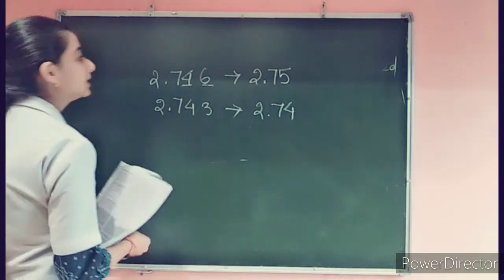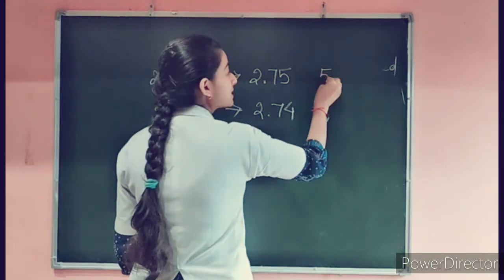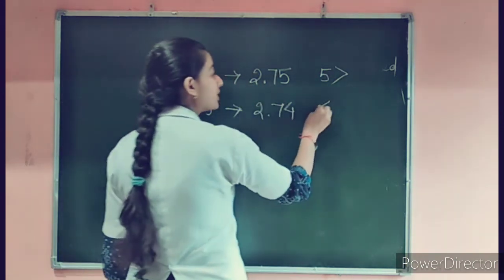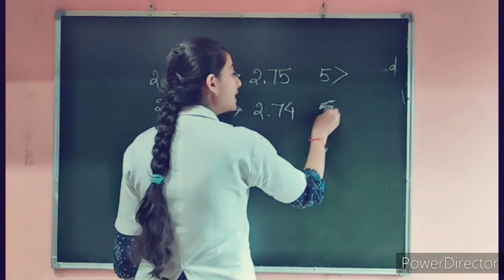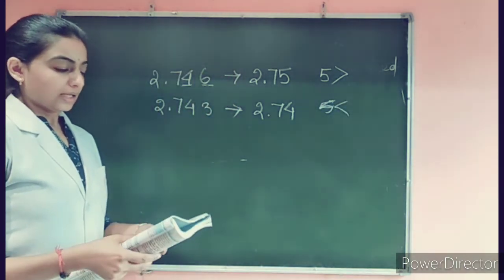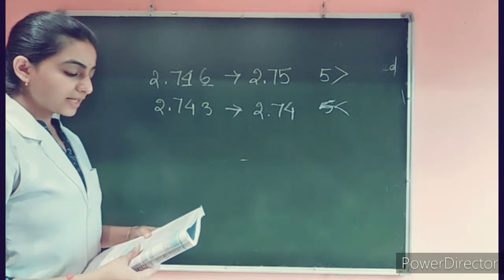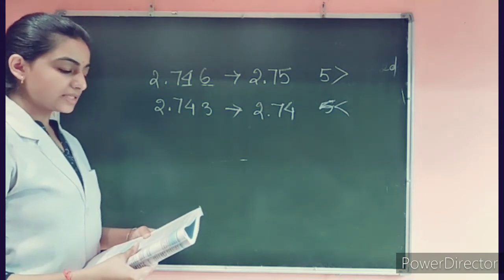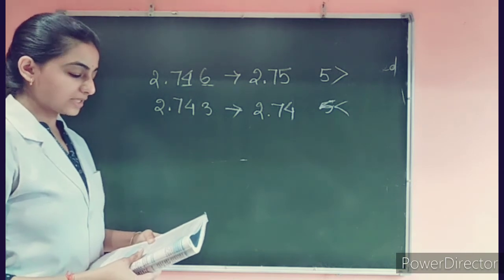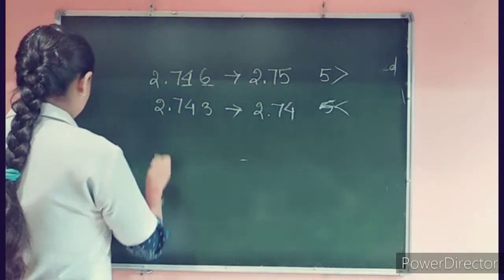If it is greater than 5, this digit will be changed. If it is less than 5, this will remain unchanged. Next, if the preceding digit is even, the insignificant digit is simply dropped, and if it is odd, the preceding digit is raised by 1.